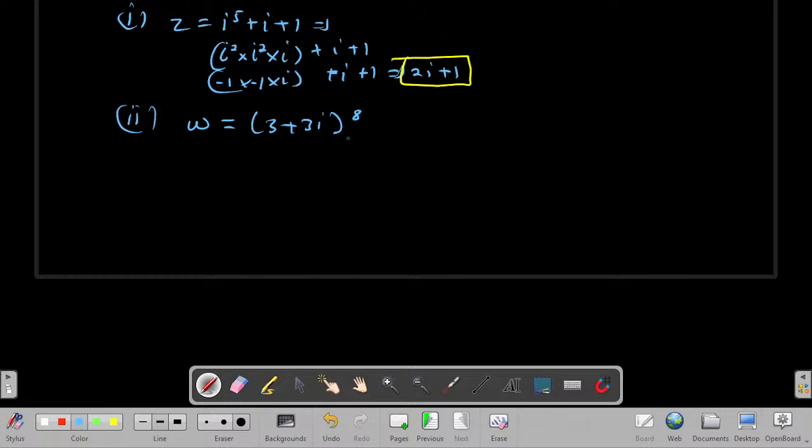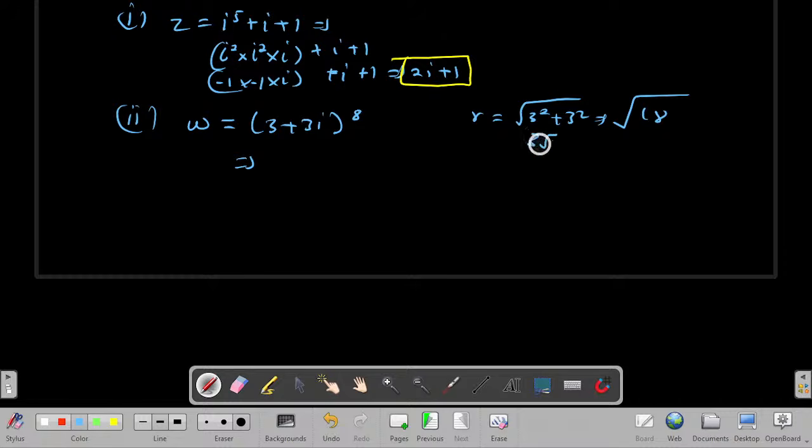So you simply have to express this in polar form. My r is the square root of 3 squared plus 3 squared, that is the square root of 9 plus 9, which is 18. So root of 18, which is 3 root 2.